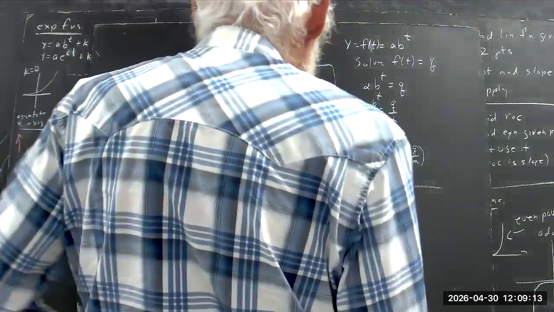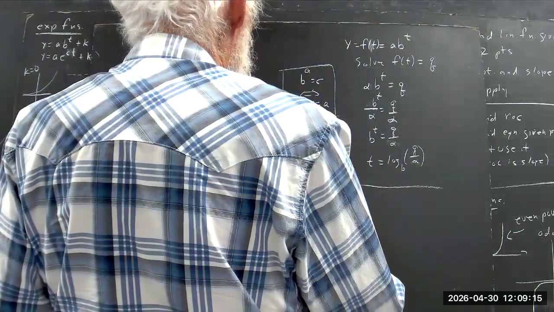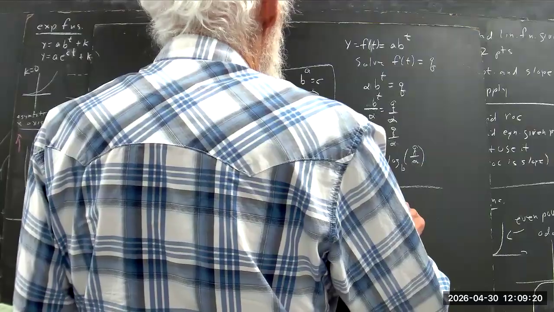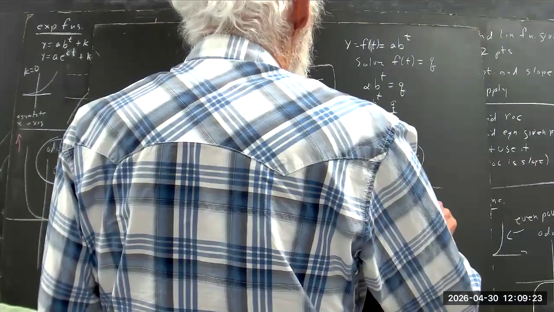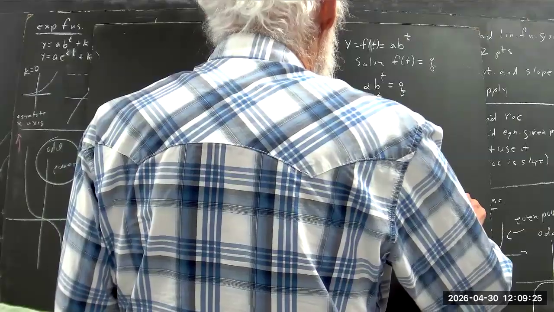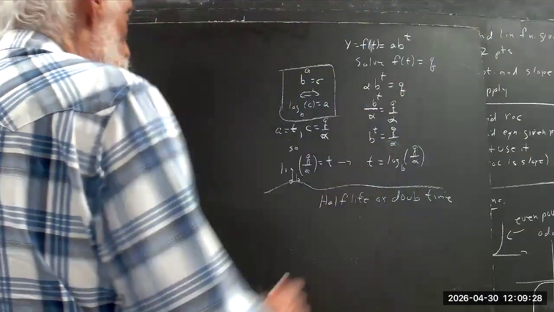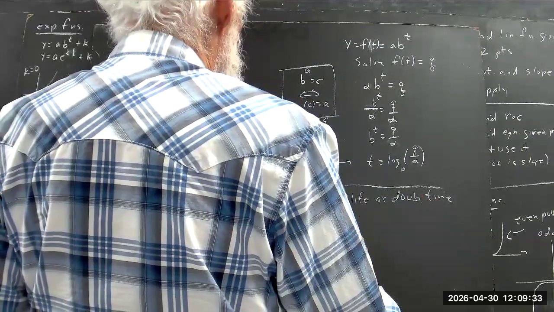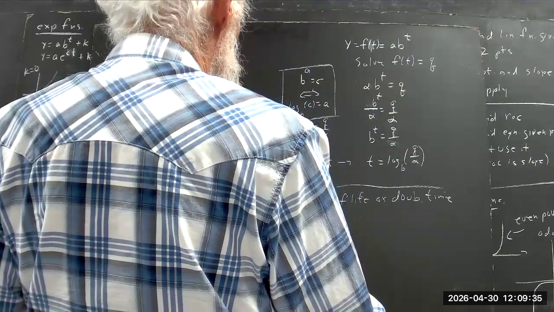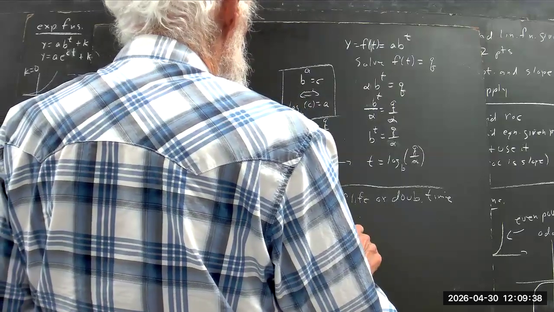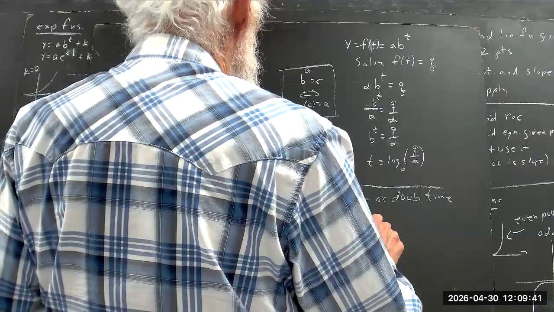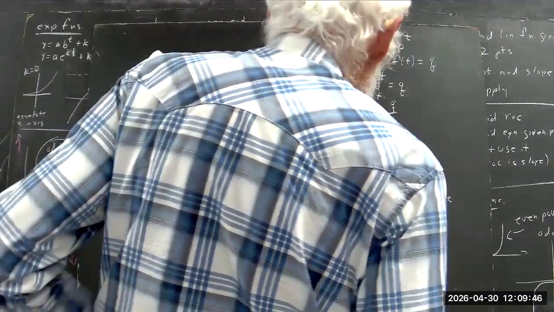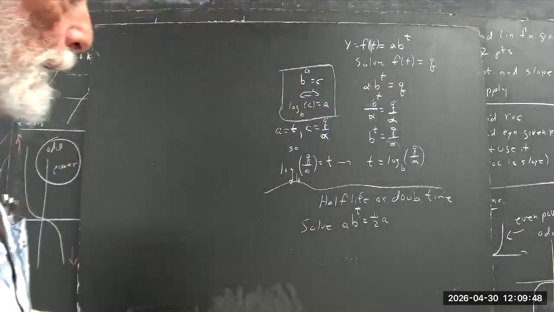You want to be able to find a half-life or doubling time. So if you have the form ab to the t, you solve ab to the t equals 1/2 a.